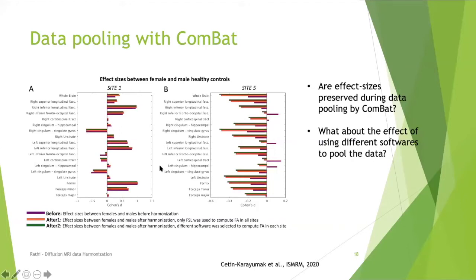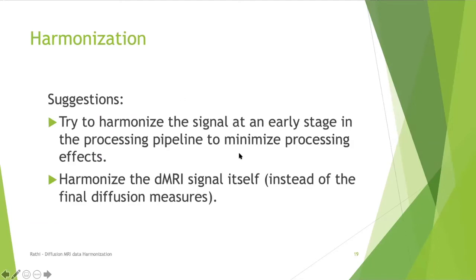As we can see, for site 1 it works, but for site 5 it doesn't. So that's the motivation to try to harmonize the signal at an early stage. We suggest that we should harmonize at the earliest possible stage, and harmonize the signal itself and not the diffusion measures.